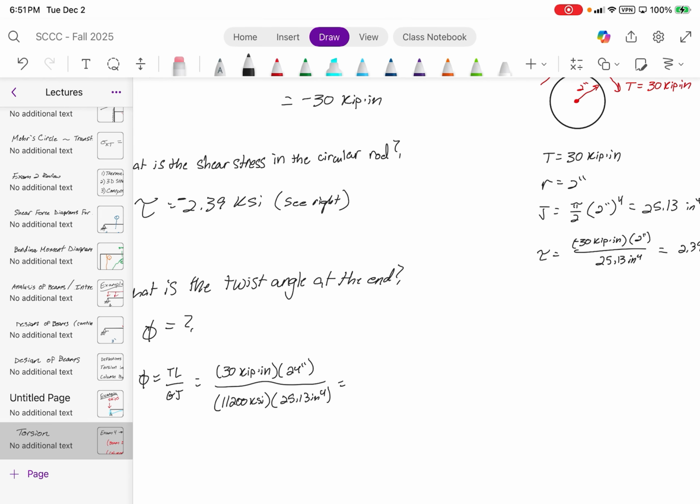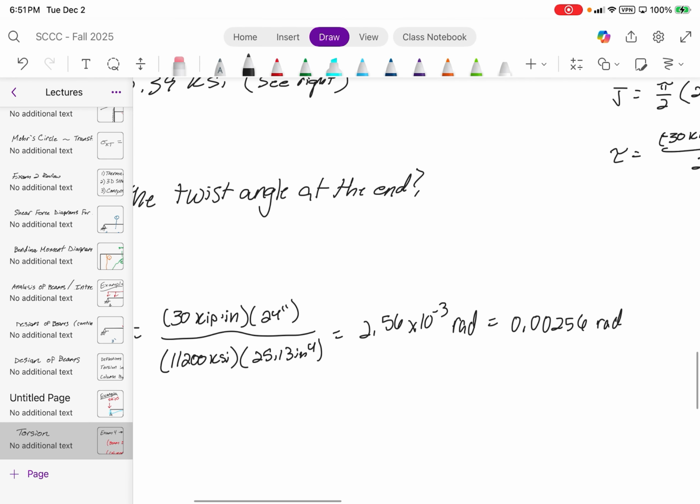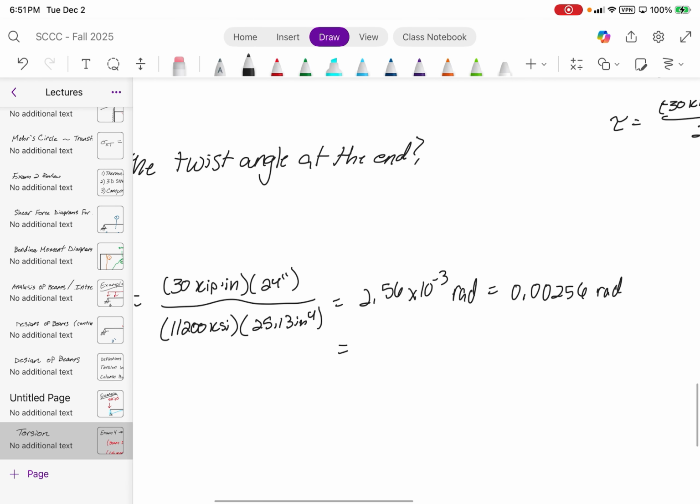That equals roughly 2.56 times 10 to the negative 3 radians, which is the same as saying 0.00256 radians. Now, if you wanted this in degrees, multiply it by 180, divide it by pi, and that gives us approximately 0.147 degrees.